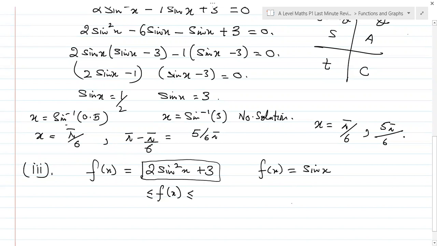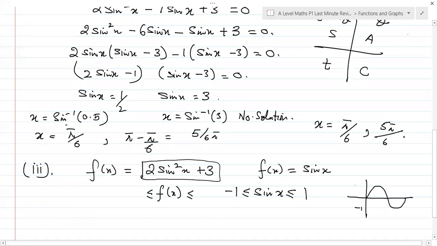If this is sine x, we have the range from -1 to +1, because that's how the sine x graph is. We have the sine x graph from here to here, that's -1 to +1.